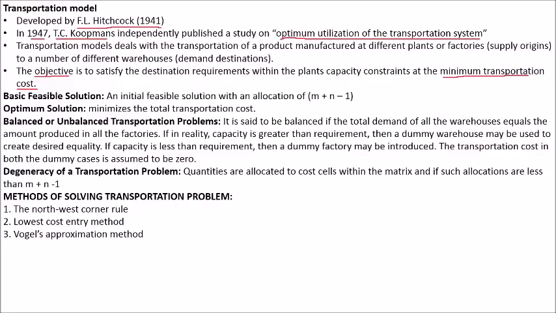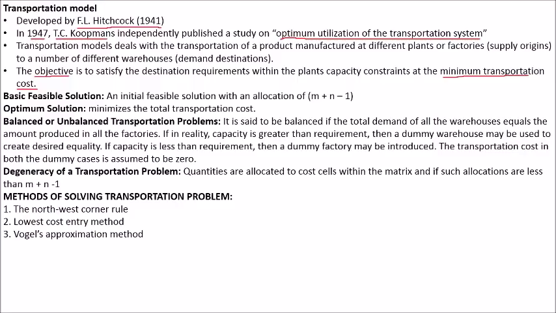The initial feasible solution is the allocation. For example, the cost matrix given in the question has m rows and n columns. m plus n minus 1 allocations should be there, which means it is a feasible solution. For example, if the question gives 3 rows and 4 columns, 3 plus 4 is 7, minus 1 is 6. A minimum of 6 allocations should be there so that the solution is feasible.